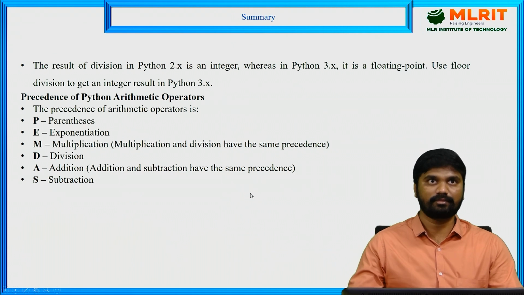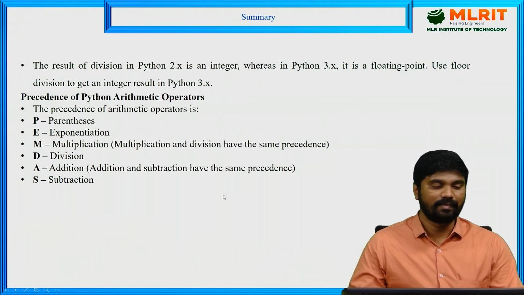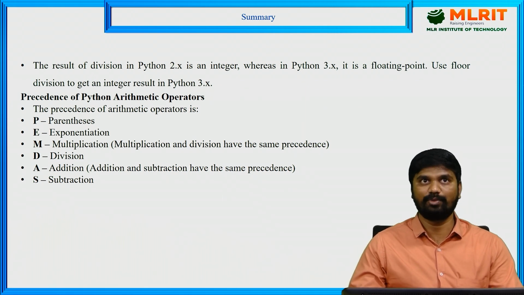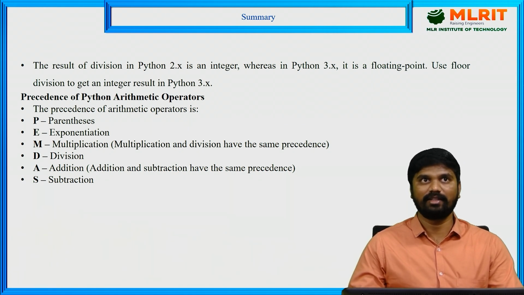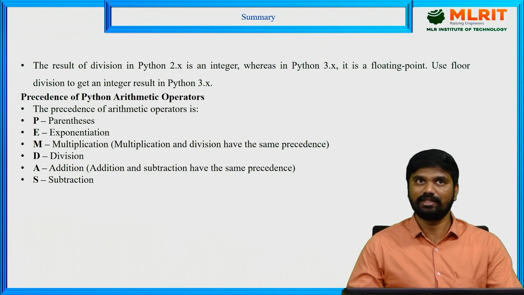Finally, about the result of the division operator: up to Python second version, the result we get is integer only. Now, in which data type are we getting the output? The output is in float data type. But up to Python second version, the division operator returns the result in integer type only.